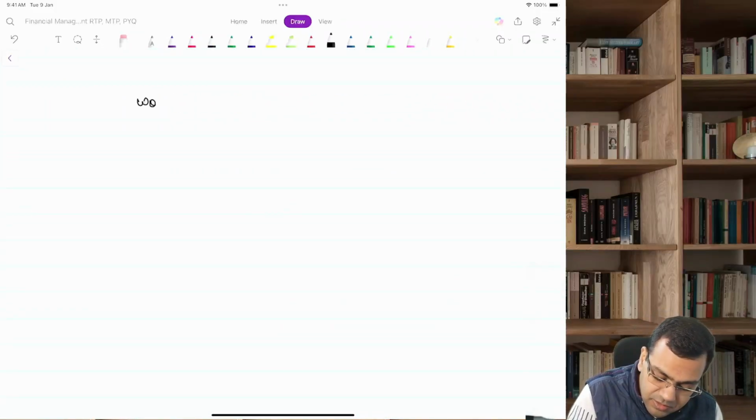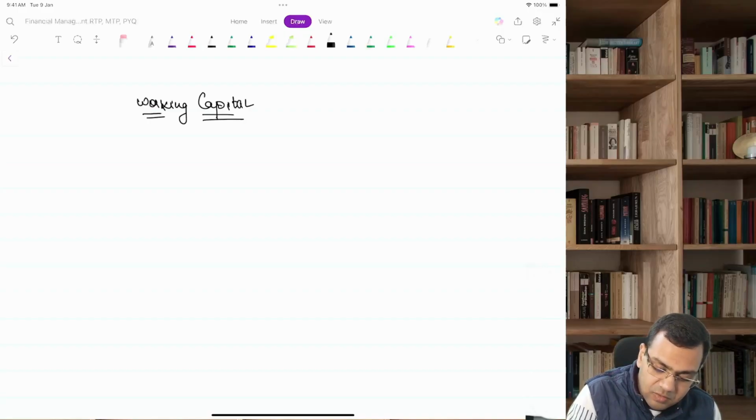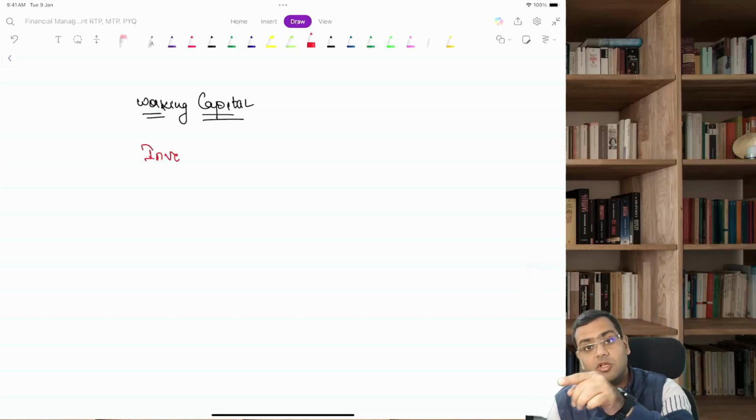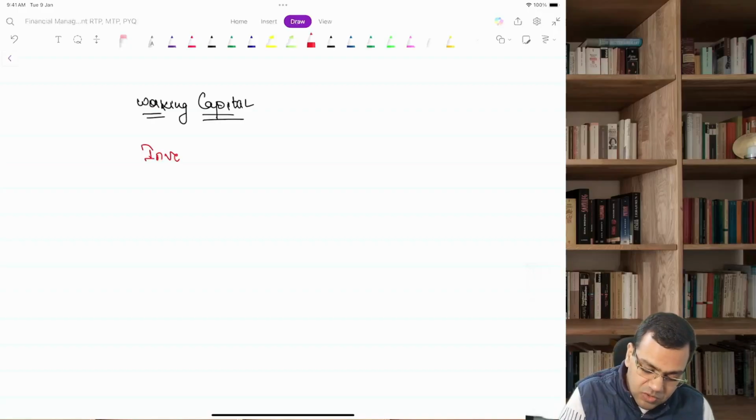Let's talk about the working capital now. How can we estimate working capital? For working capital, the first part I am going to take is inventory. See, for working capital, we take current assets. In the current assets, we have to take the closing values itself, right? So closing inventory is what? It is given that inventory is 70% of opening inventory.